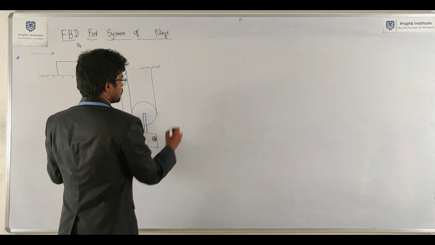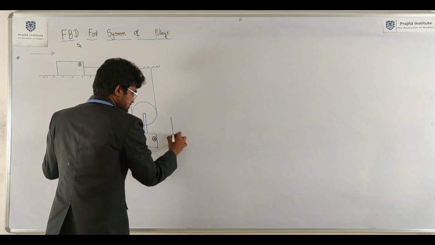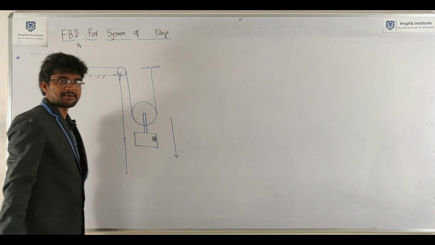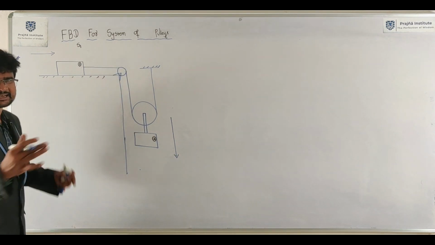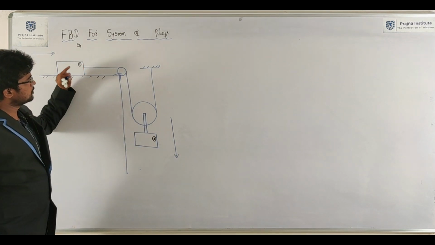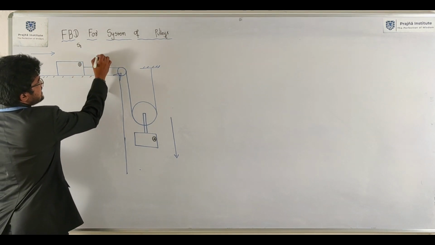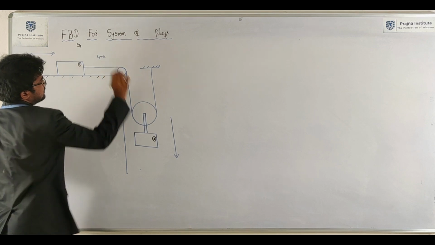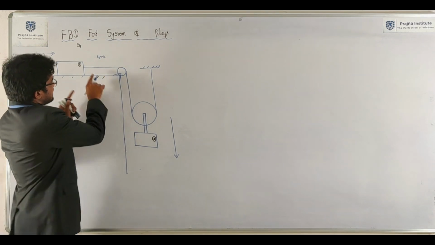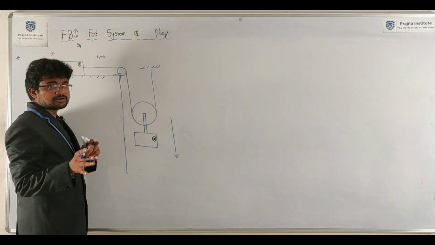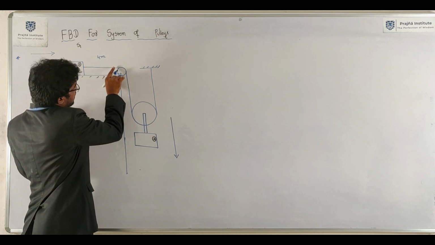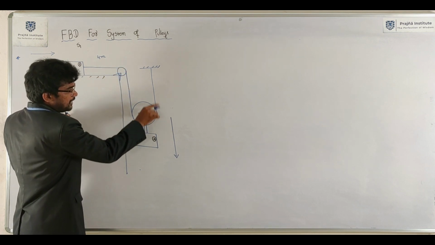If it is moving towards right, this block will come down. For example, the block moved in this direction 4 meters. The string is inextensible, moving and passing over the 2 pulleys.